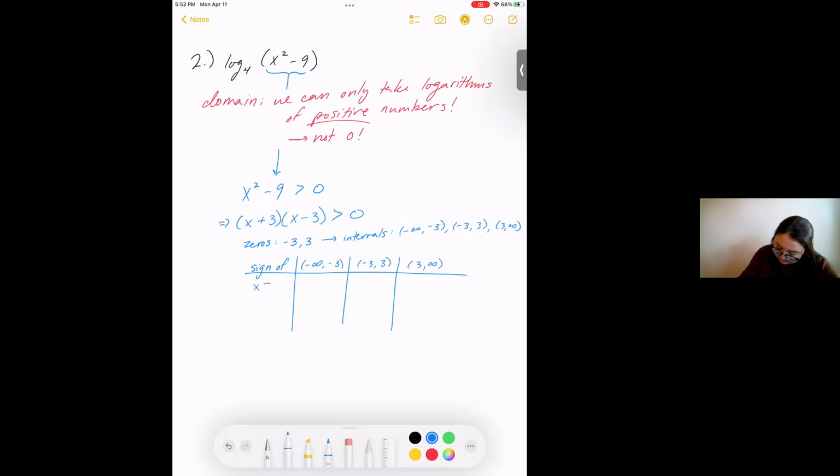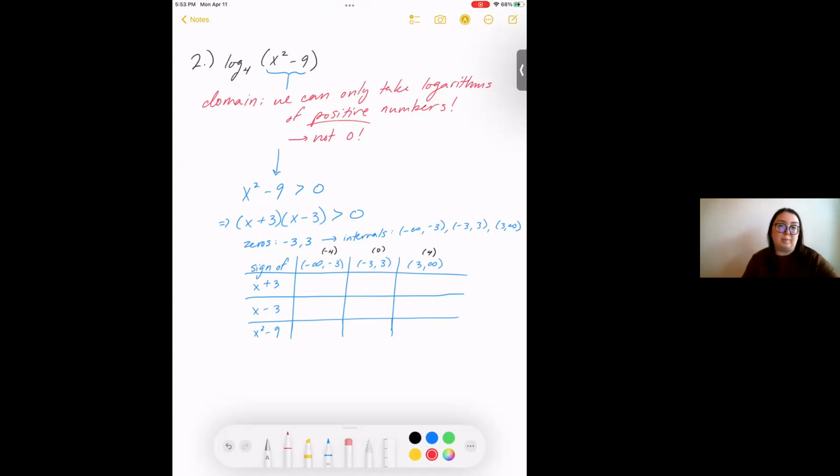And we've got x plus 3, x minus 3. And at the bottom here, we want to know, when is x squared minus 9 going to be greater than 0? We can pick some test points if we want. We can say maybe this is -4, this will be 0, and this will be +4.